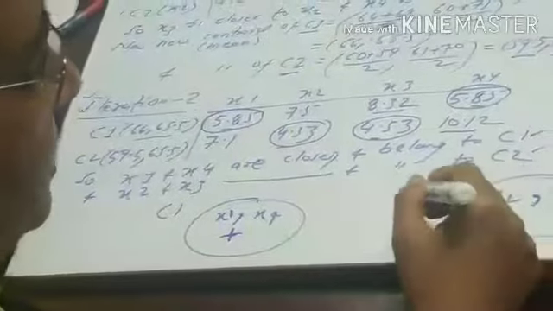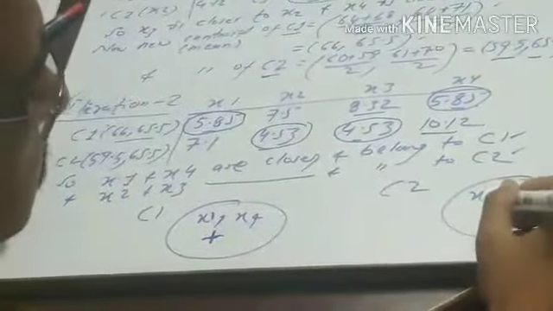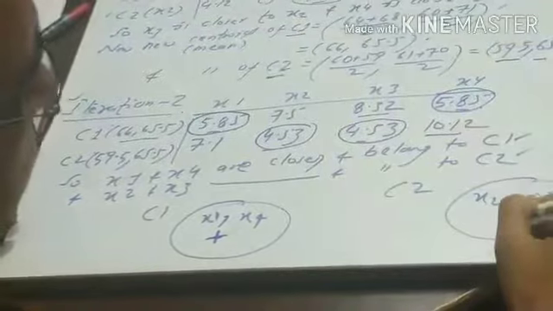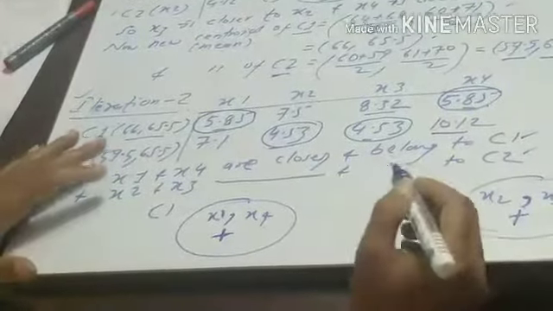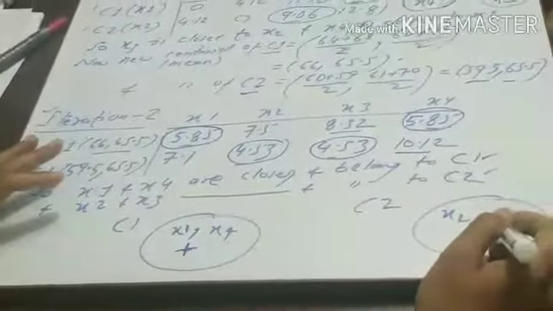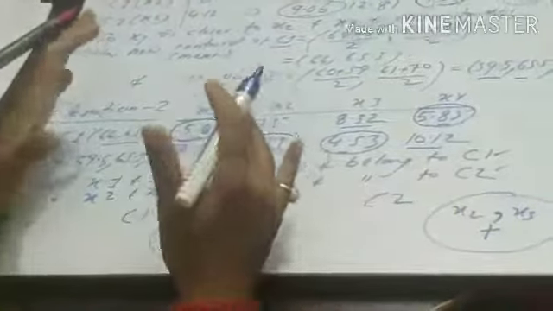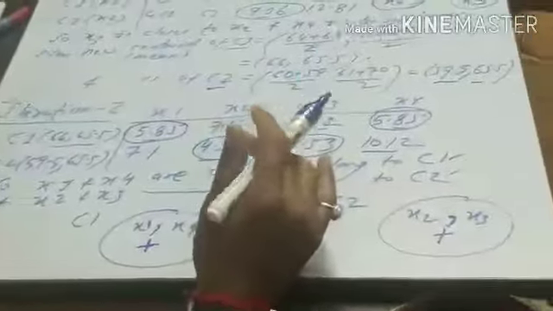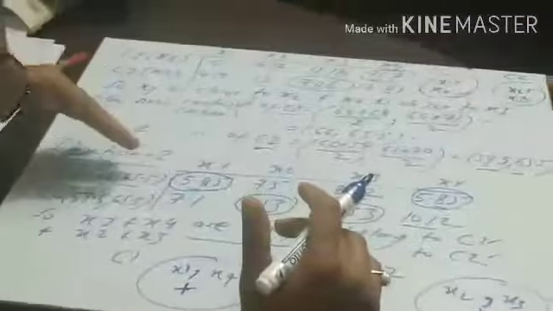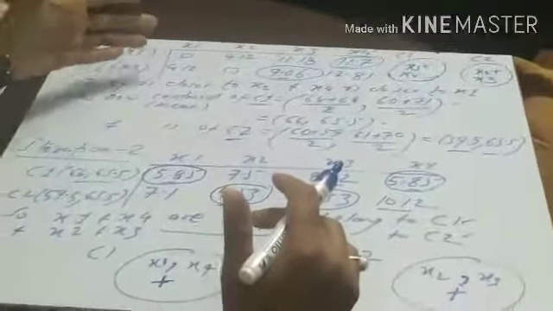Similarly, C2 contains the points x2 and x3, and its centroid point is 59.5 and 65.5. And clearly, finally, we see that there is no change in the cluster positions, the cluster points, between iteration number 2 and the previous iteration 1.